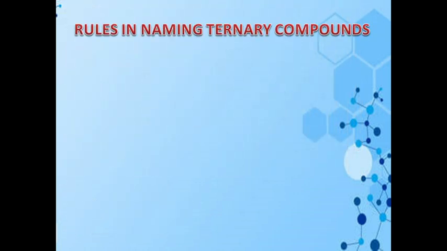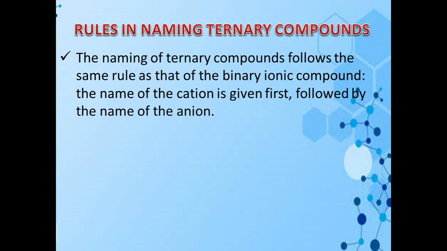The next are the rules in naming ternary compounds. These compounds are composed of metals and polyatomic ions. The naming of ternary compounds follows the same rule as that of the binary ionic compounds. The name of the cation is given first, which is the metal, followed by the name of the anion, usually a polyatomic ion.